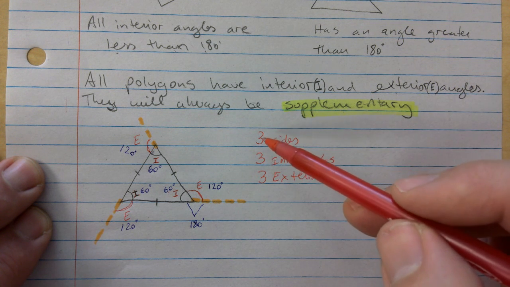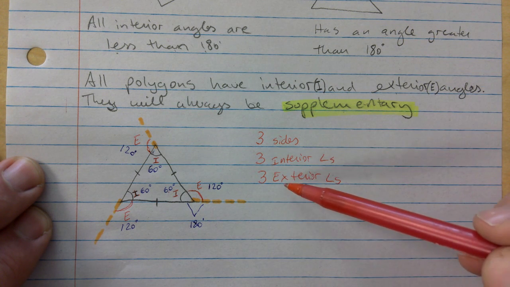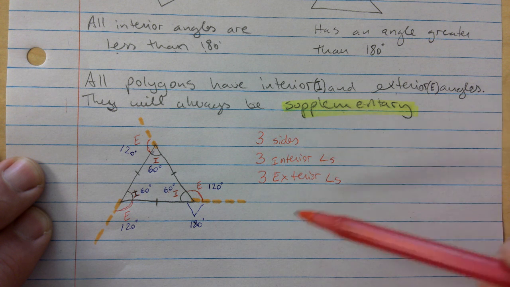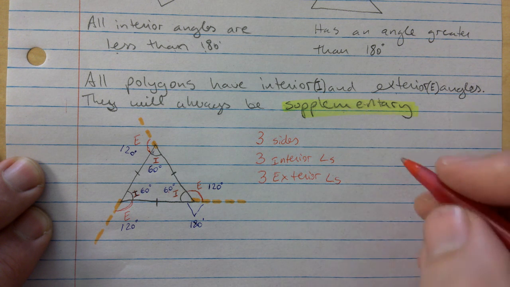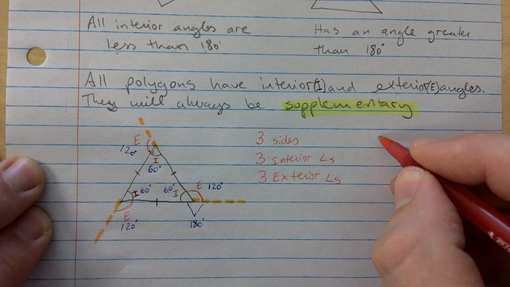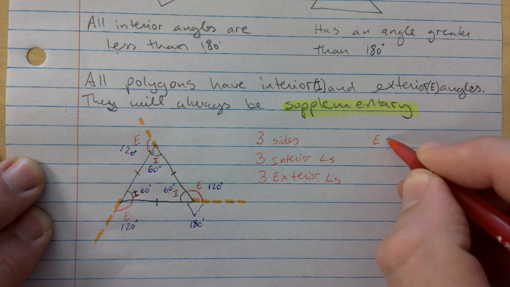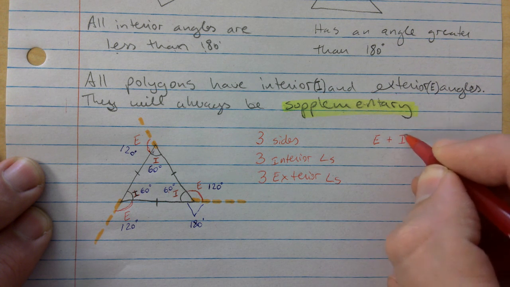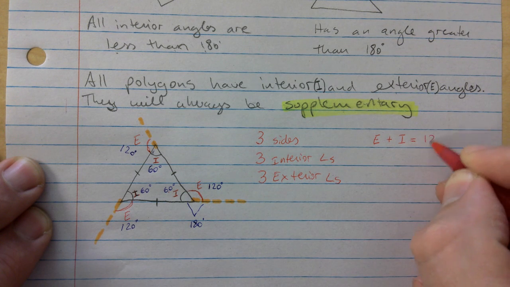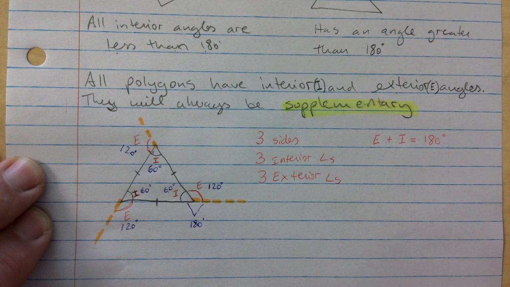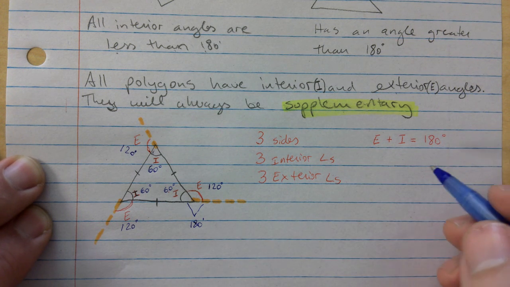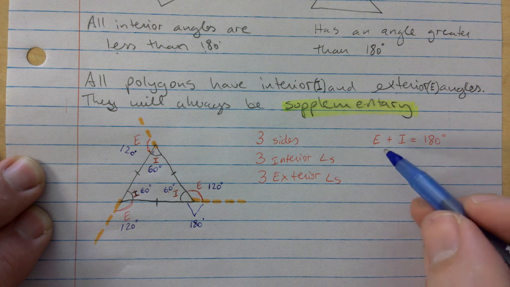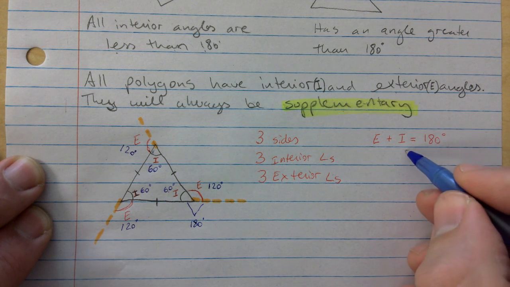So if it's a four-sided shape, it'll have four interior angles, four exterior angles, and so forth, right? That's the pattern I want you to see. And in general here, the exterior angle plus the interior angle will always be supplementary, right? And from that, we can derive the two equations that come from this, right?